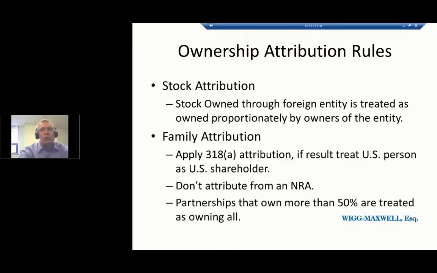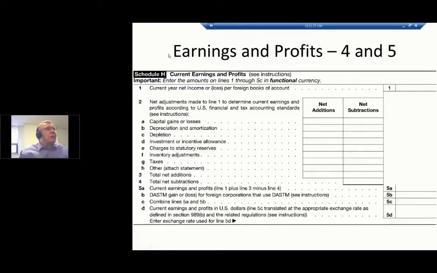You don't attribute from a family member who is a non-resident alien, and the partnership rule is a little different than the stock or the corporate rule. If you own more than 50% of a partnership, you're treated as owning all of the stock that the partnership owns. Less than 50%, you own a proportionate share of that stock.